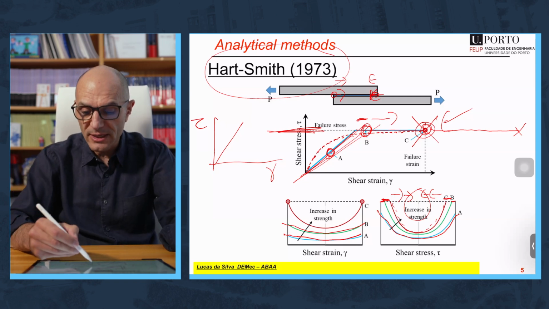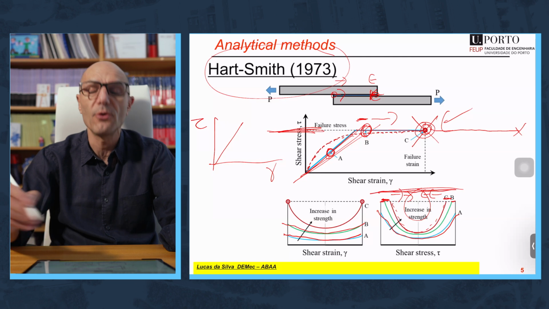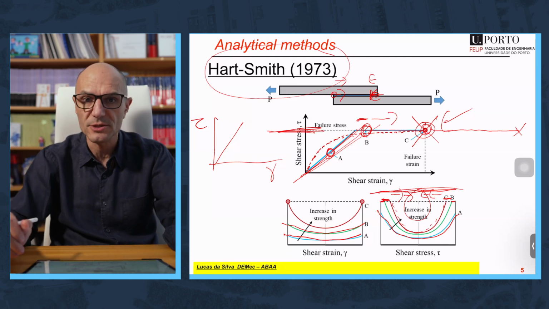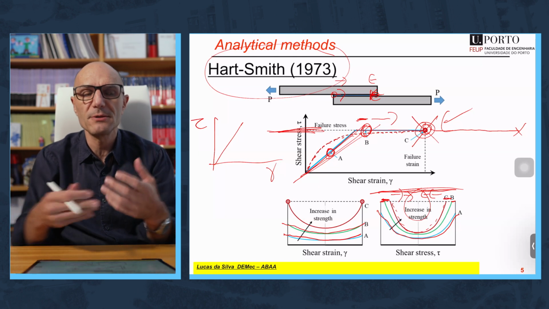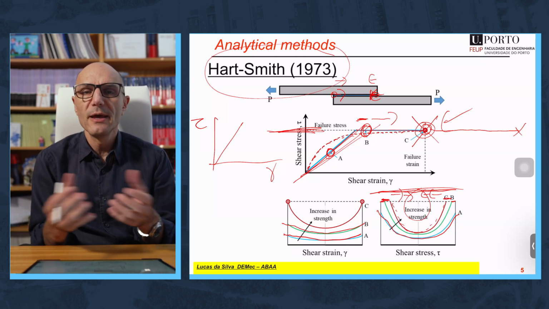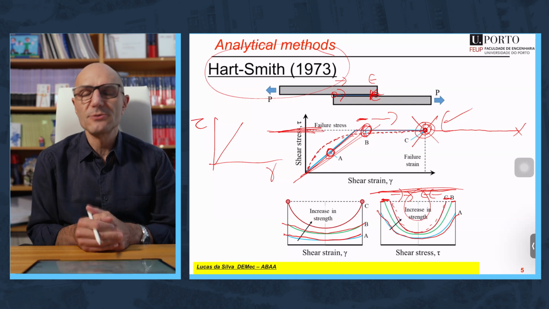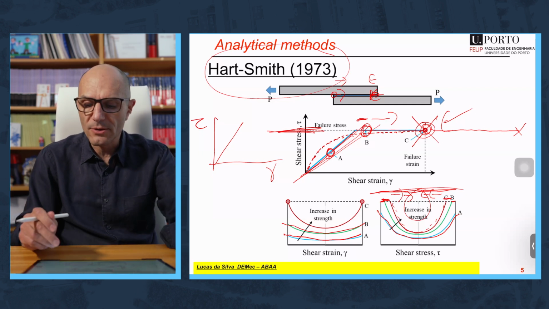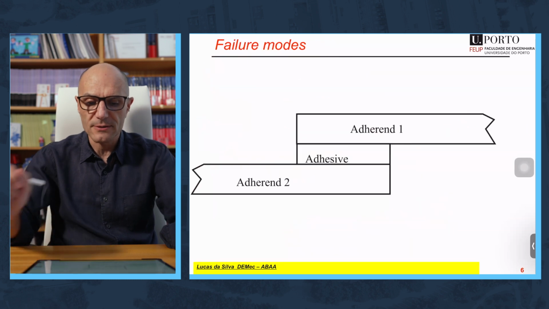Ideally, you want the case where you have plasticity along the whole overlap. You have global yielding of the adhesive. That's the ideal situation. But this is really important because the plasticity of the adhesive causes a stress redistribution, and you are using the less stressed part of the joint that was not used previously if you use the model of Volkersen and Goland and Reissner.